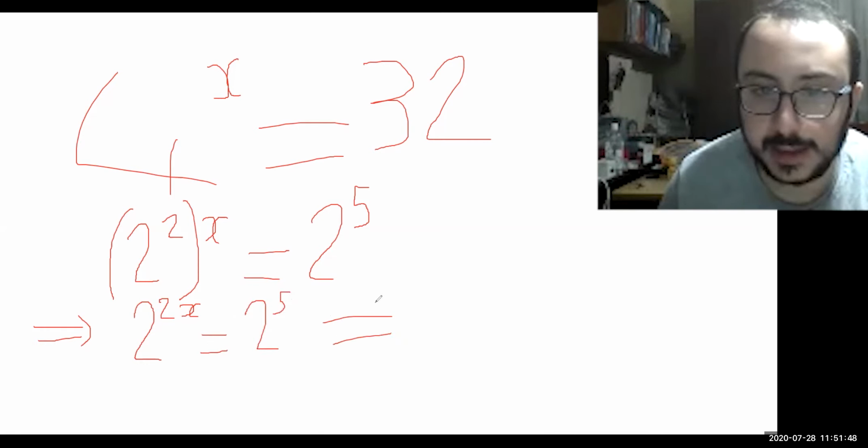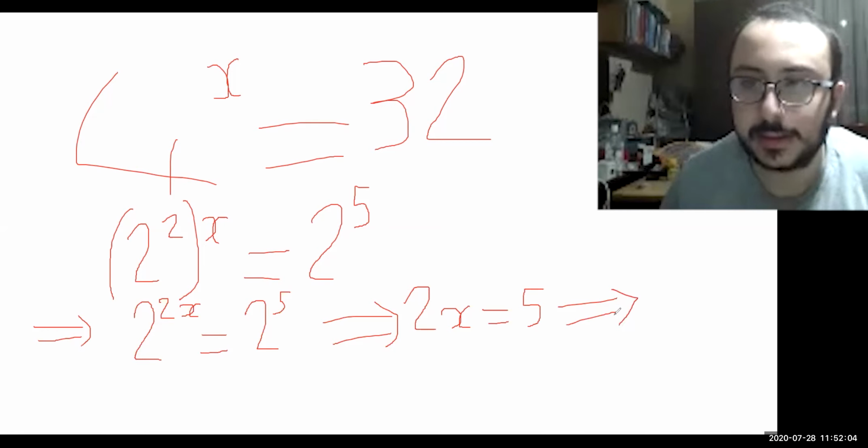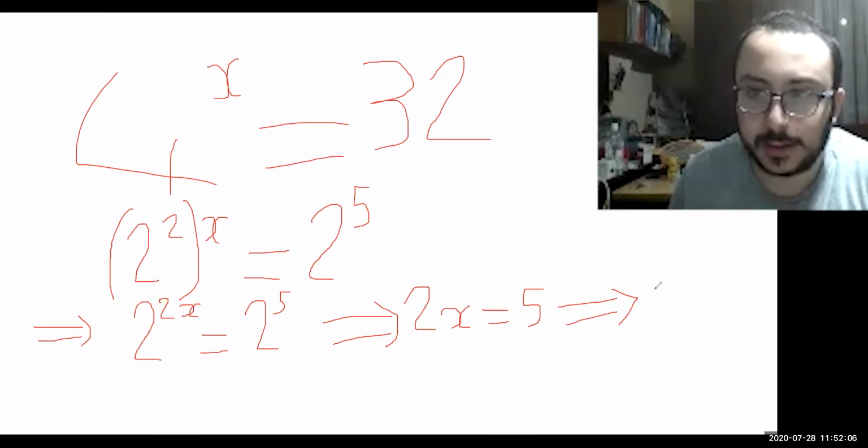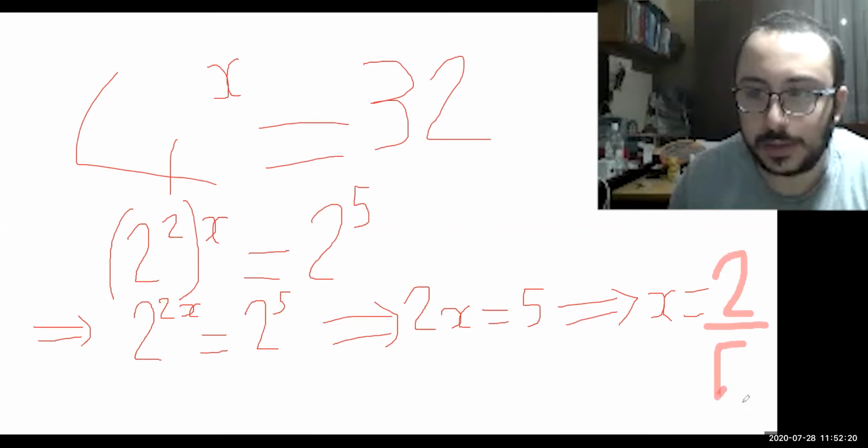And this gives us the powers which are equal. 2x equals 5. And you divide by 2 on both sides. You obtain x equals 5 over 2.